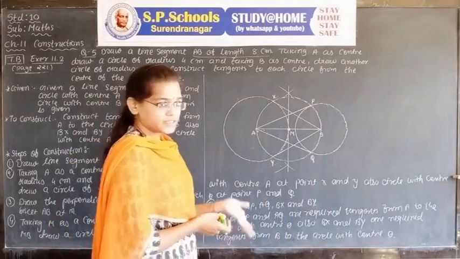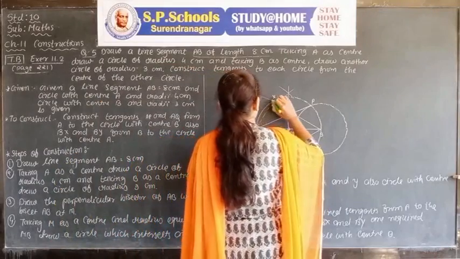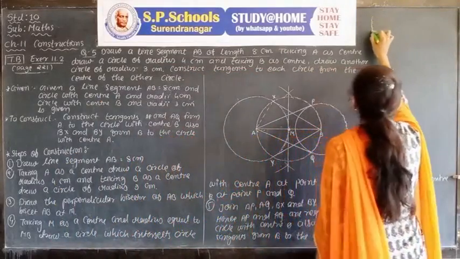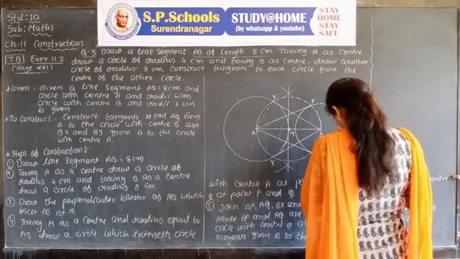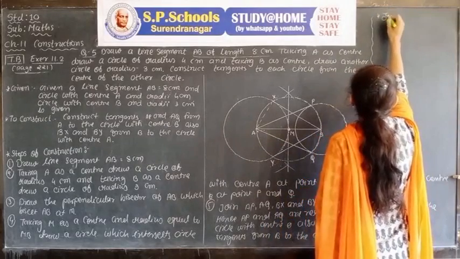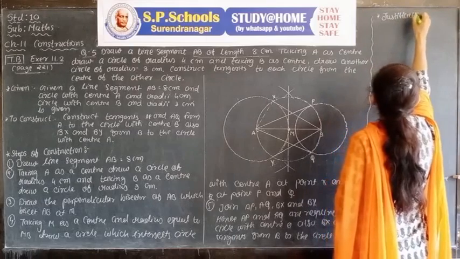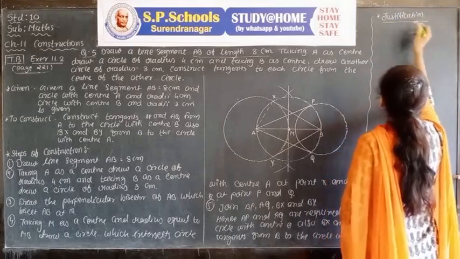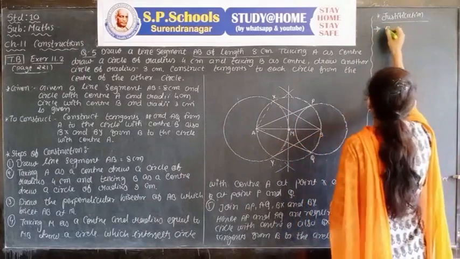Justification. To justify this construction, as we know, join one radius, suppose AX.